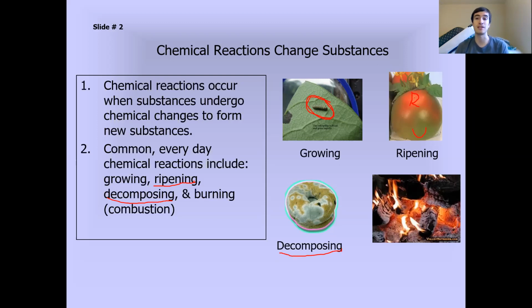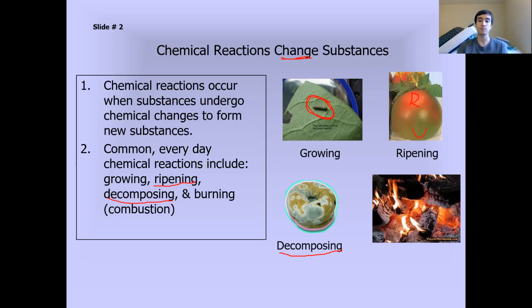What's happening is that things like bacteria and fungi are moving onto your bread or your banana and chemically breaking down, chemically changing the substances that are there into food that they can use for themselves. So this is why bread will grow this mold on it. Bananas will start becoming really stinky and smushy. And that's because of decomposing that's going on as the banana interacts with the bacteria and the mold that is in the air.